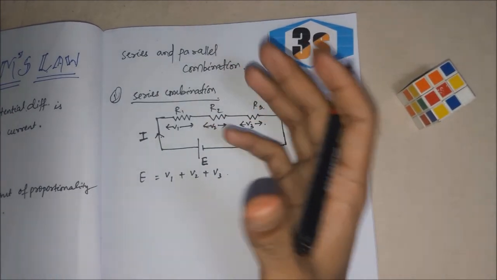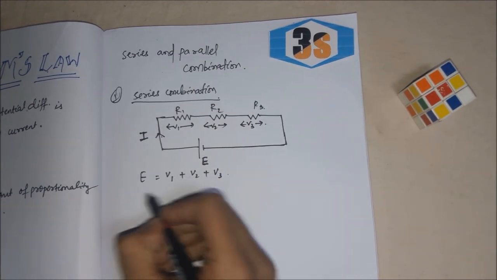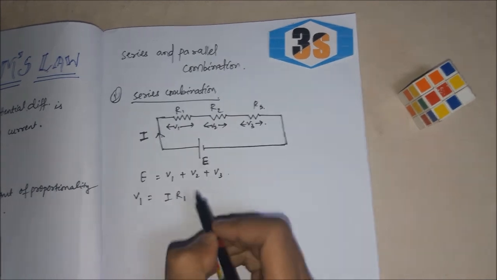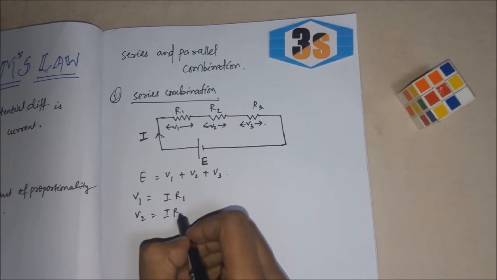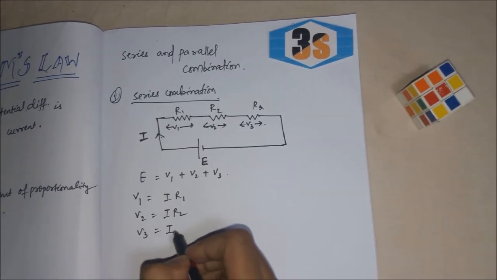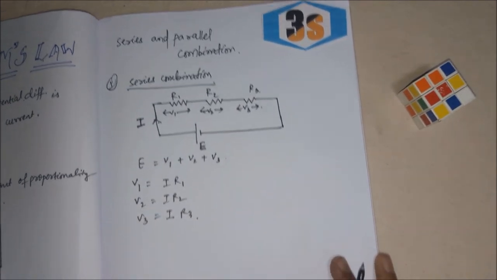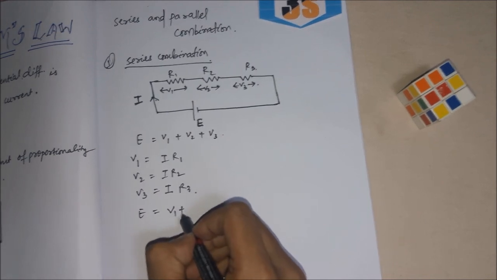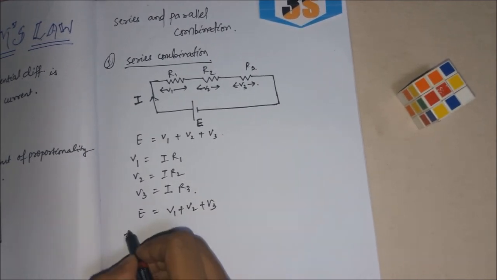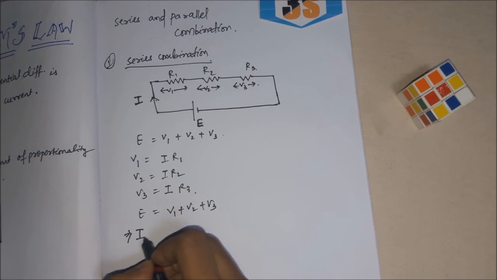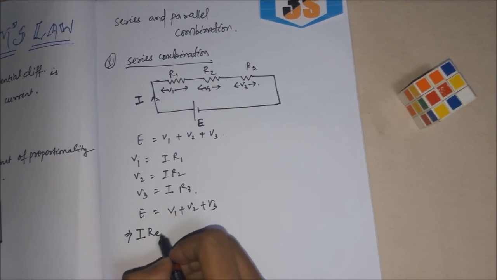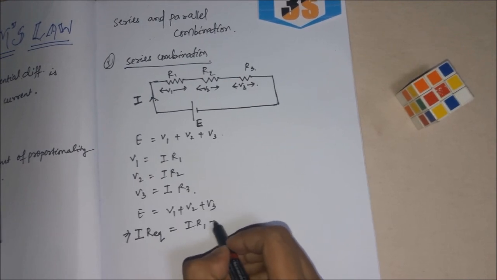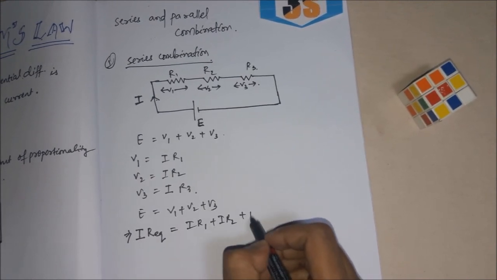Now, across individual resistances, according to Ohm's law, V1 equals I into R1, V2 equals I into R2 and V3 equals I into R3. Now we know E equals V1 plus V2 plus V3, which implies I, which is the net current, into the equivalent resistance called R equivalent equals IR1 plus IR2 plus IR3.